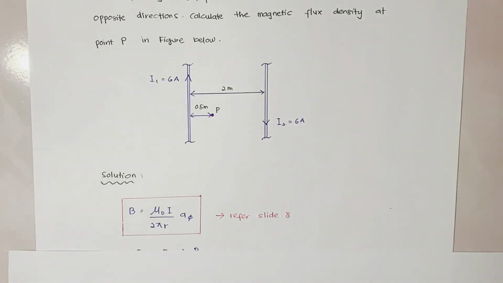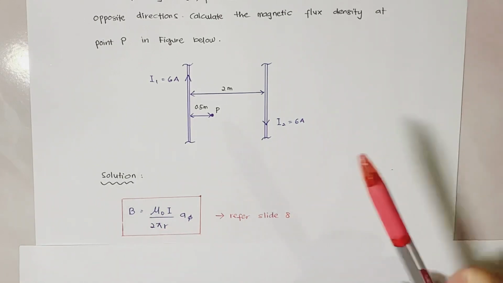For the solution, you need to refer to slide number 8 to find the magnetic flux density, B. The equation on slide 8 is based on the infinitely long wire: B equal to mu naught I divided by 2 pi r, AV.